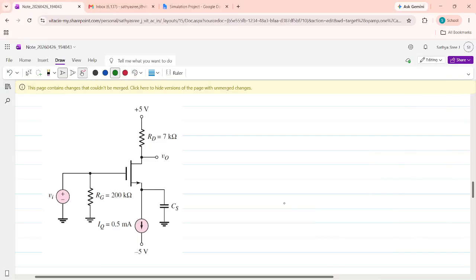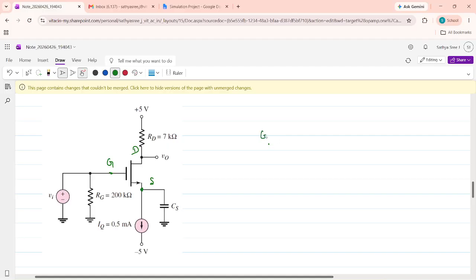As a continuation, now we are going to derive the voltage gain for this circuit, which has a current source and also a bypass capacitance. We start with the gate, drain and source.